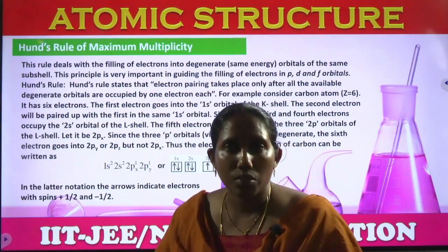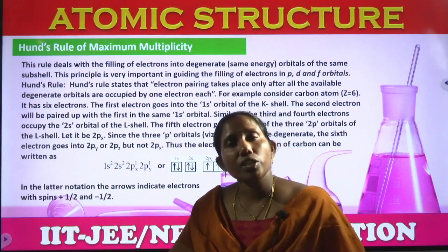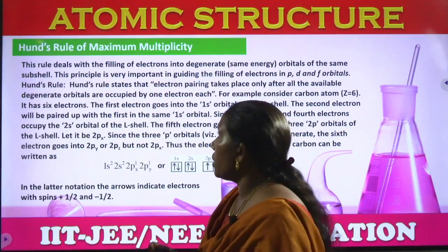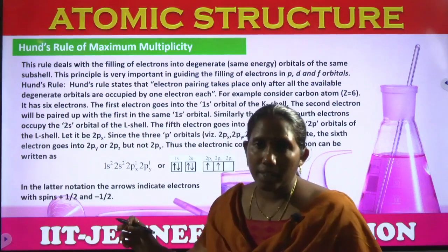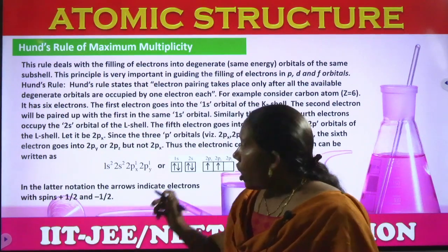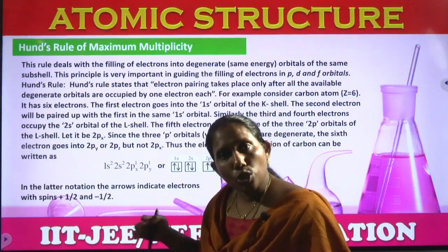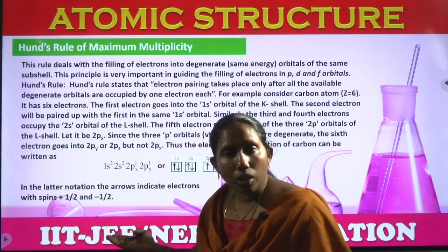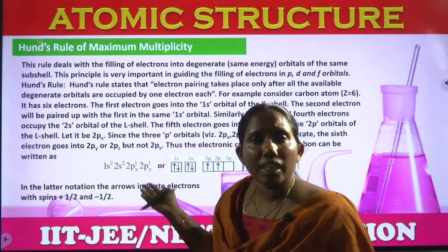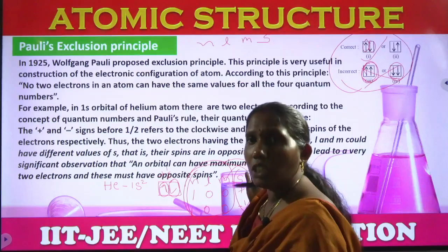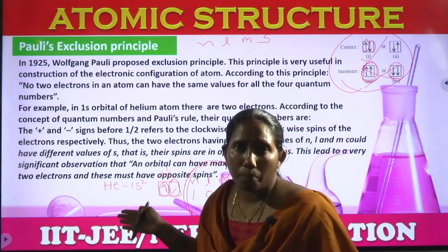The magnetic quantum number gives the information about the spatial orientation of the particular electron, isn't it? So what is Hund's rule explaining here? While filling electrons into orbitals, all the degenerate orbitals should first be filled with 1 electron each, and only then should we pair up.